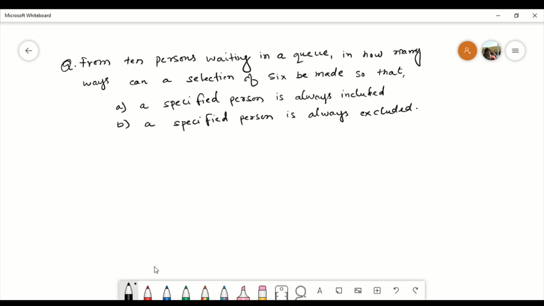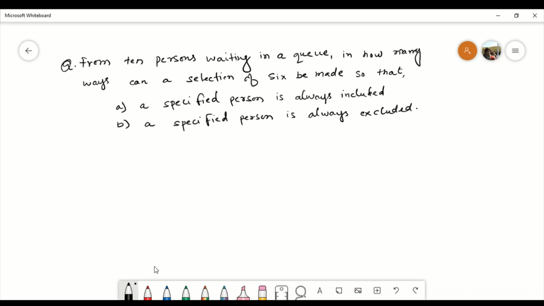The first one says that there is a specific person which has to be included in all the selections, and the second says that there is a specific person which has to be excluded from all of the selections, right? Now this is clearly a question of selection, not permutation, because there is no mention of any ordering or arrangement.